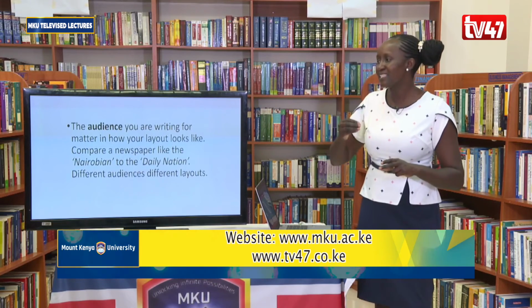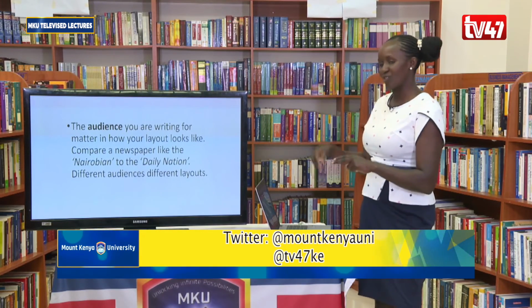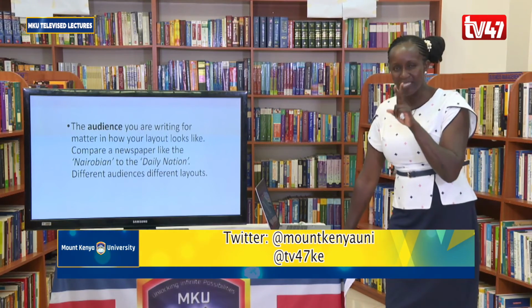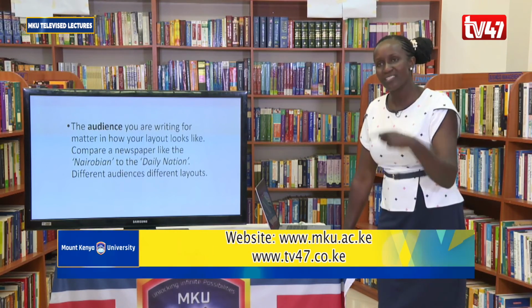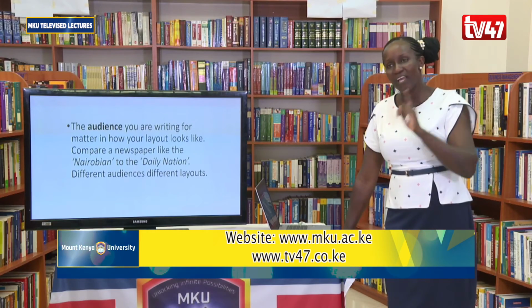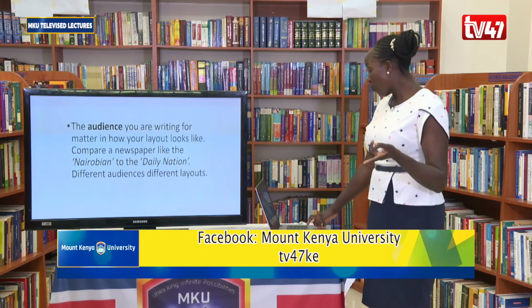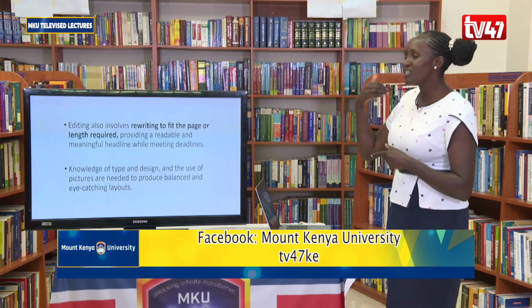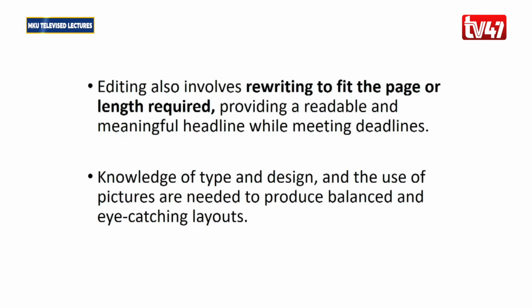So their design is different, their layout is different, because in as much as they are both forms of communication under print media, calling them newspapers, we are saying the audiences are different, and understanding that allows you to know what to edit, how to edit it, so that you finally are able to communicate with the people that you're calling your target audience. So we do the editing because we know who our audiences are, and we're trying to make sure that the design, the layout fits the audience that we have defined for that newspaper.